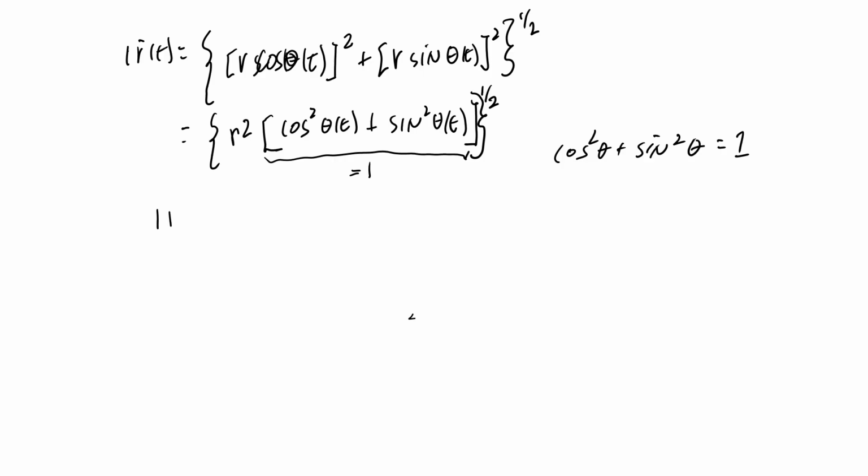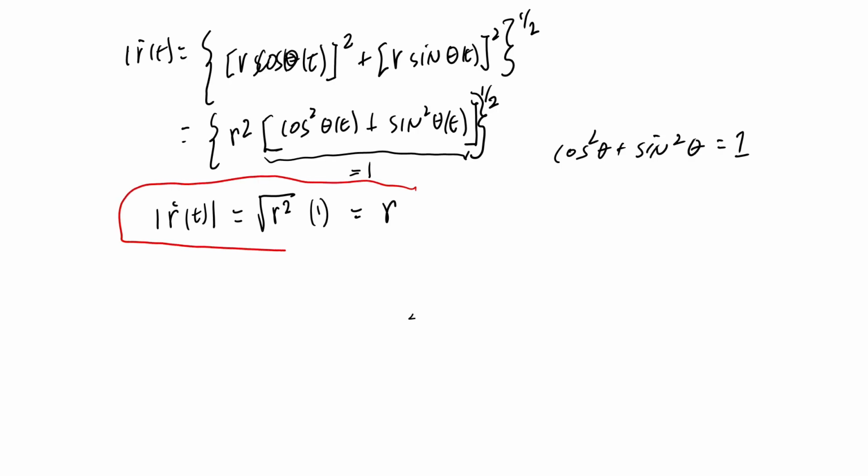So now if we substitute that in, the magnitude of r is equal to the square root of r squared times 1, which is just equal to r. That makes sense. The object is moving around this circle at a constant distance r from the point of origin.